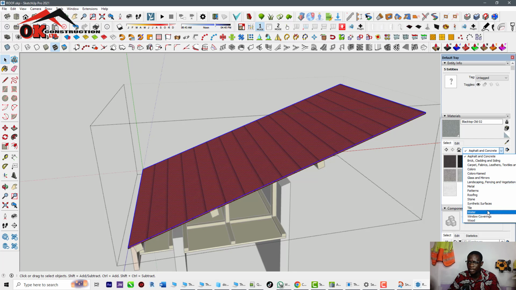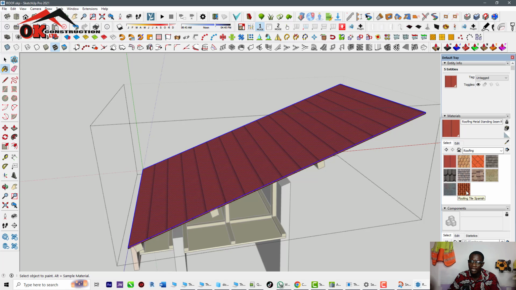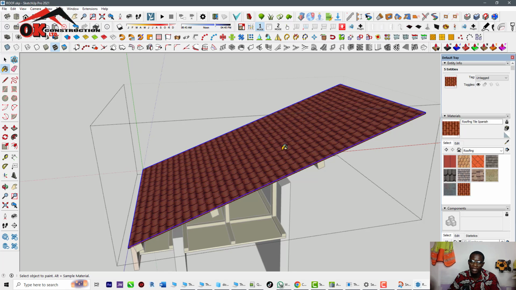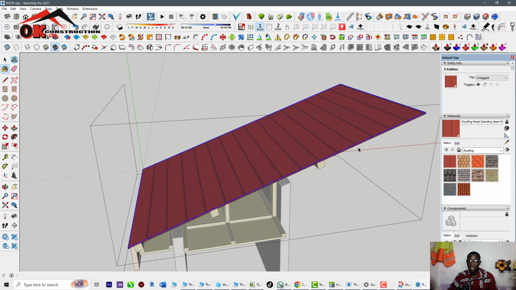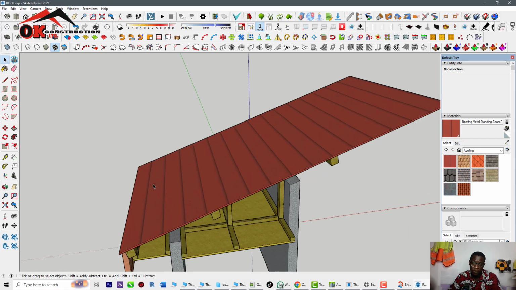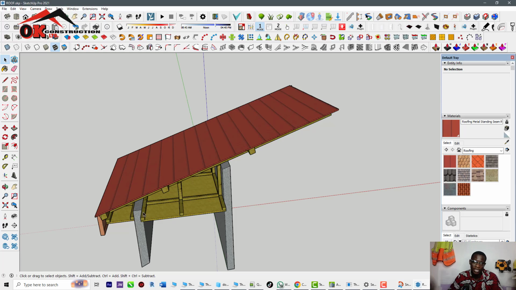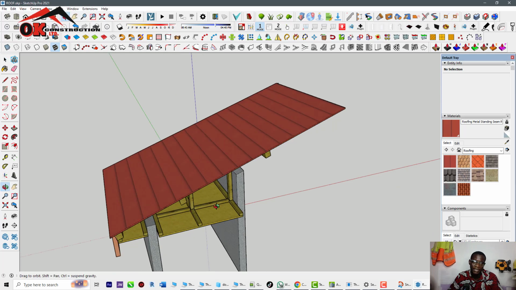All right, just for tutorial sake, and for educational sake, we won't add much detail.